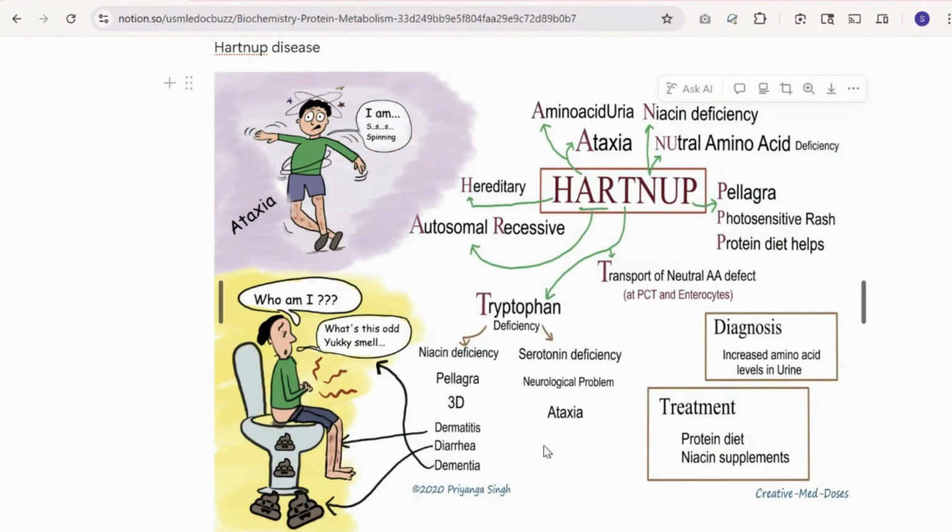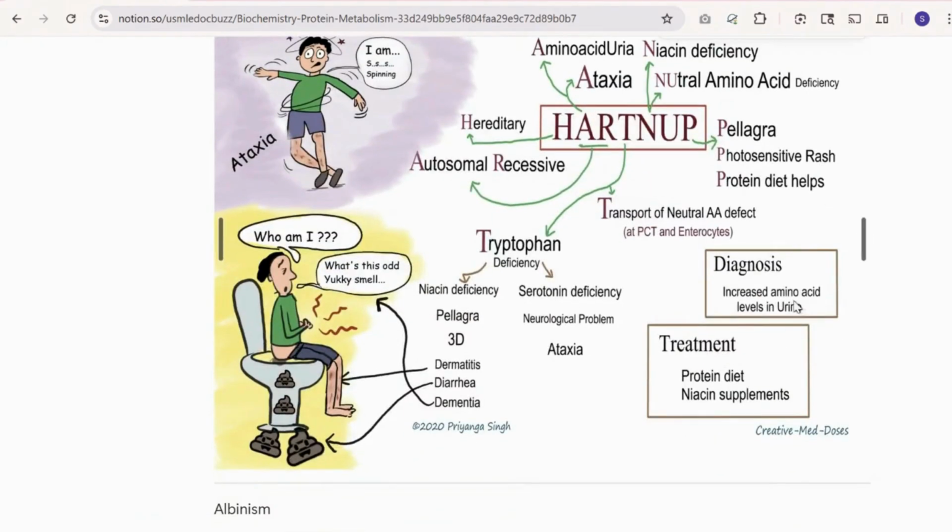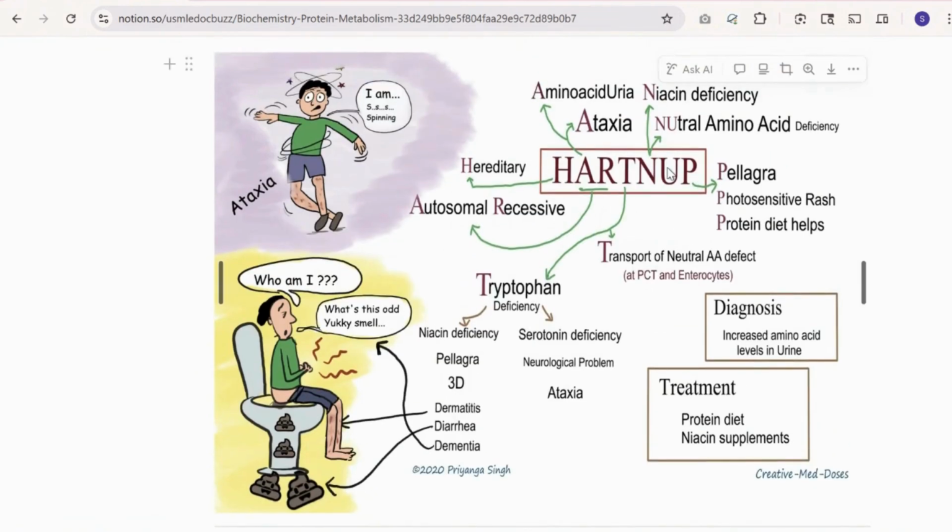You end up getting the B3 deficiency and all the tryptophan, like serotonin problem, neurological problem, etc. Okay. Transport of neutral amino acid defect, all of that is going into the urine, right? And it makes smelly poops, right? How do you fix it? Give them a proper protein diet and niacin supplements. It should fix itself, right? But usually all these neutral amino acids are being lost in the urine.